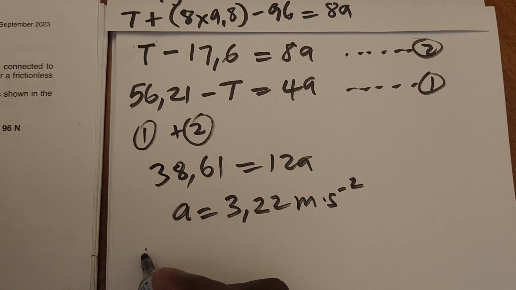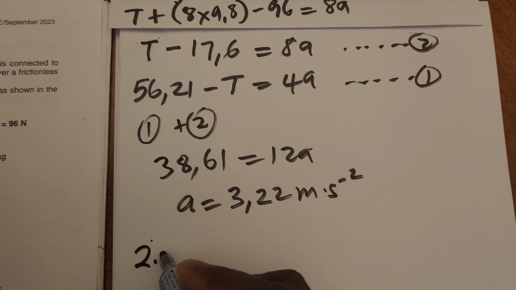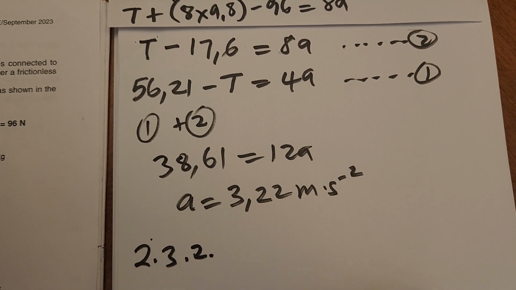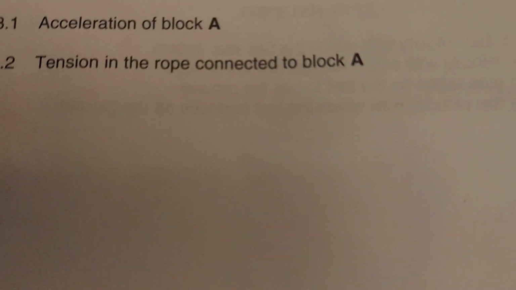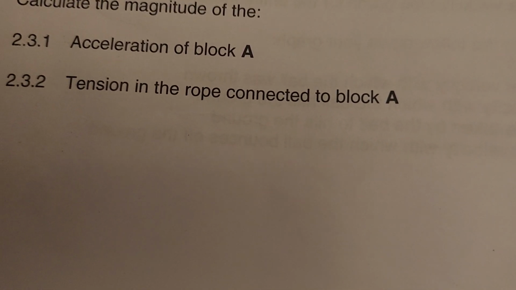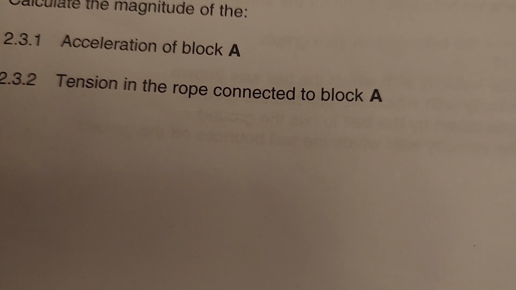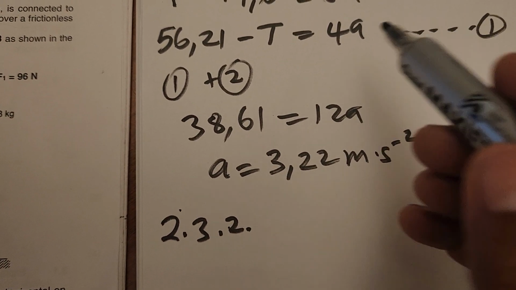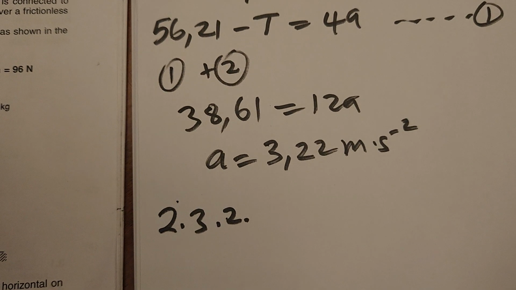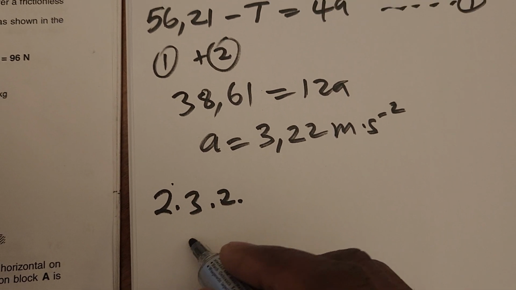The last question is 2.3.2. Once you find the acceleration, they say calculate the tension in the rope. Now you go for any of these two equations, equation 1 or equation 2, and substitute to find the tension.